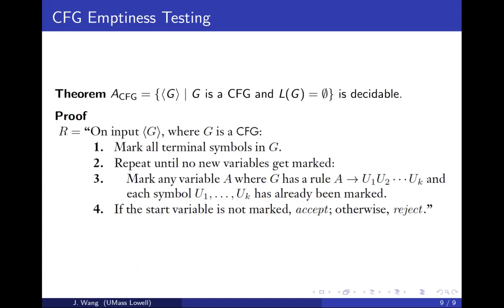Okay, so likewise, we can do a CFG emptiness testing. What you are given now is a context-free grammar. Now we did a similar thing before for testing the emptiness of a DFA, testing whether the DFA accepts something.